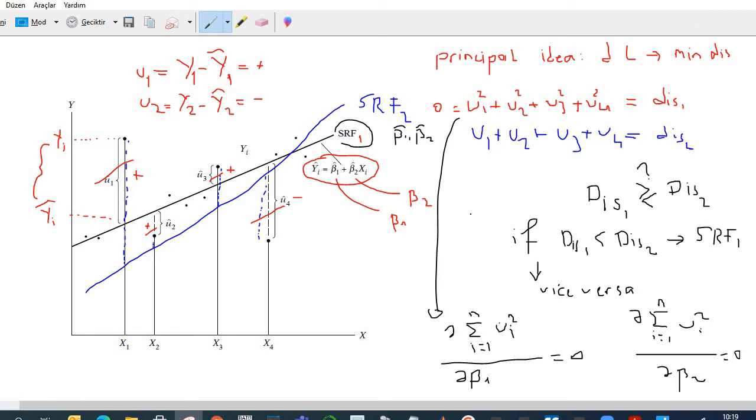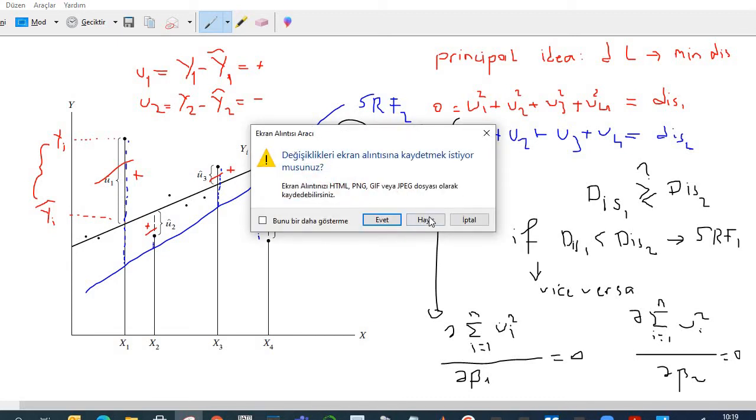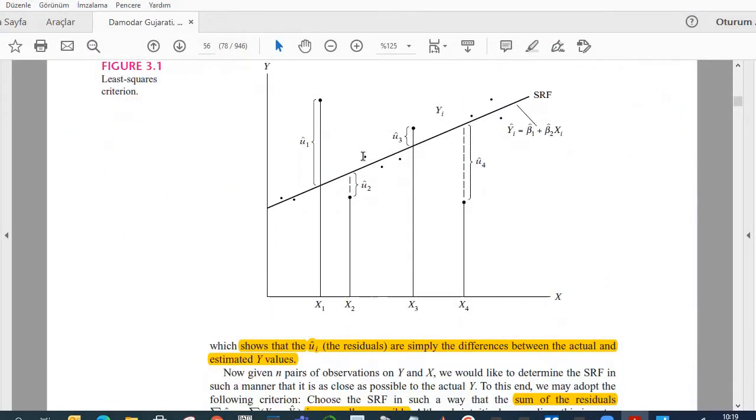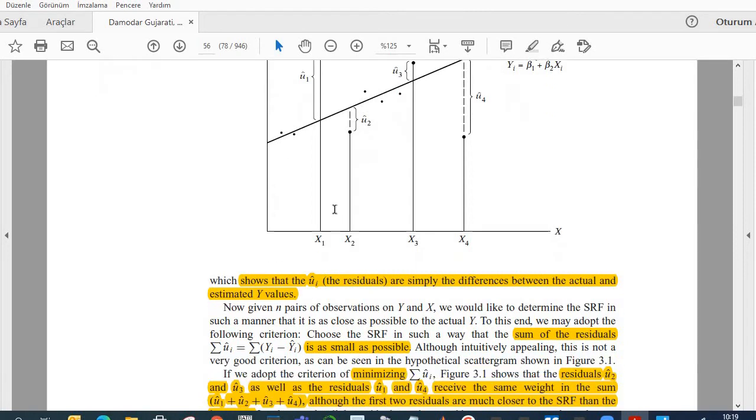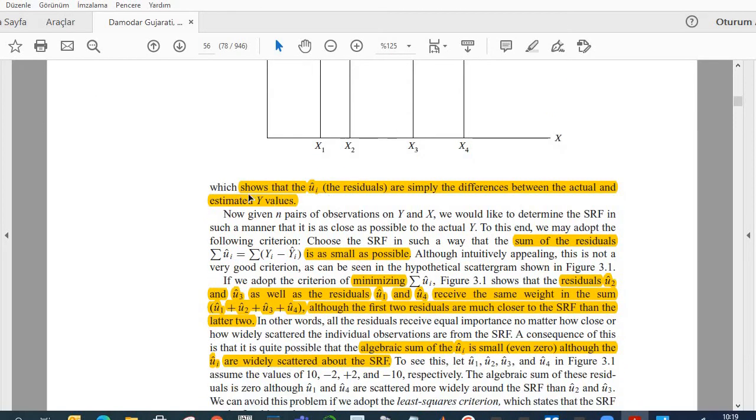So in this lecture we will see this short summary explanation by using an extensive explanation of the methodology. So let me show the Ui are simply the difference between the actual and the estimated y values.